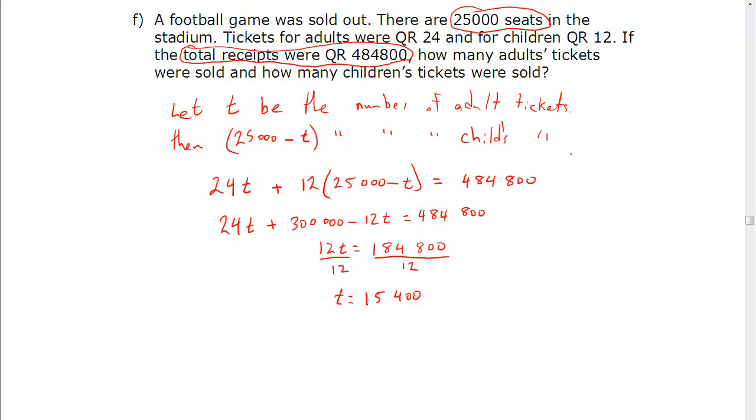So 15,400 is the number of adult tickets, and then we take 25,000 minus 15,400, and that tells us we had 9,600 children's tickets. Just to make sure, how many adult tickets were sold and how many children's tickets were sold, there's our two answers. So that's the end of that question.